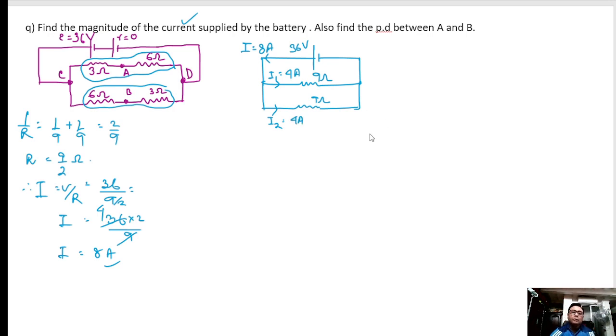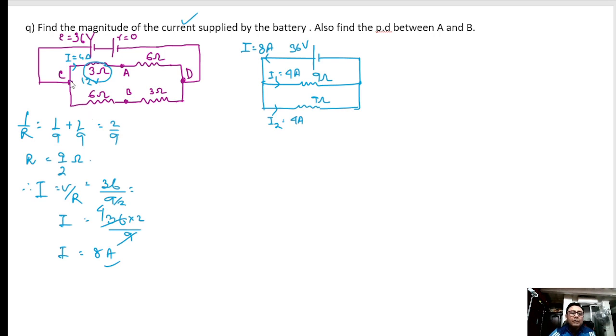Correct? So now watch one thing. When the current of 4 amperes enters here, what is the drop here? The drop here will be how much? 4 into 3, 12 volt.